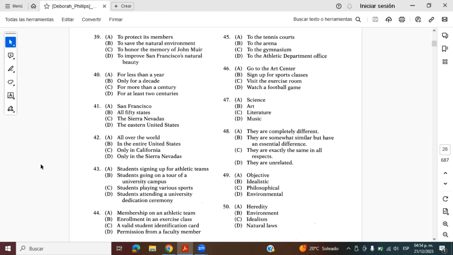Number 45. Where should a student go to reserve a tennis court? Number 46. What will the students probably do next?